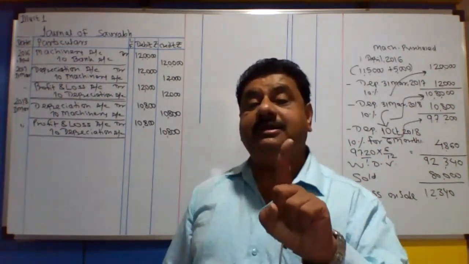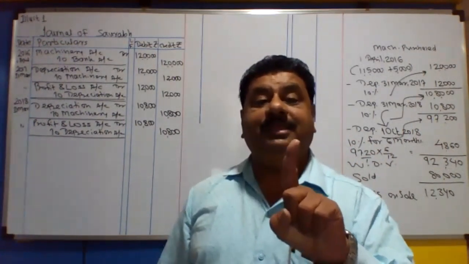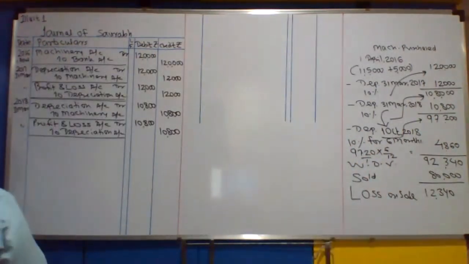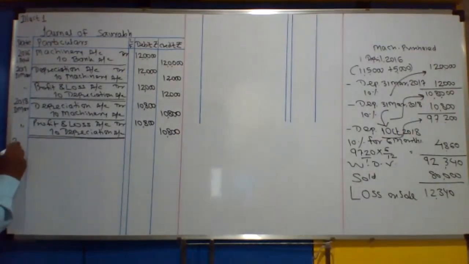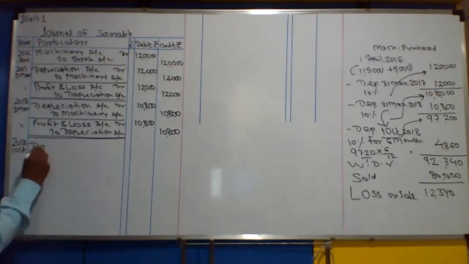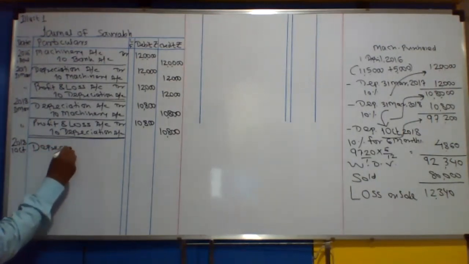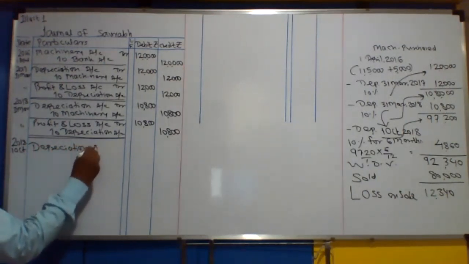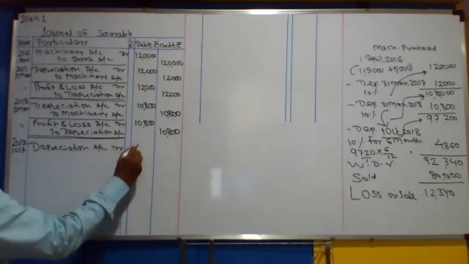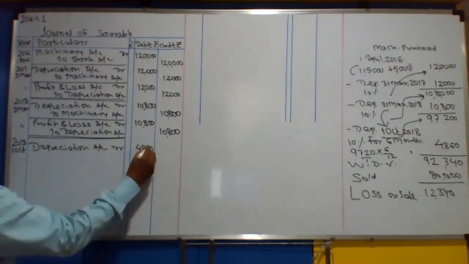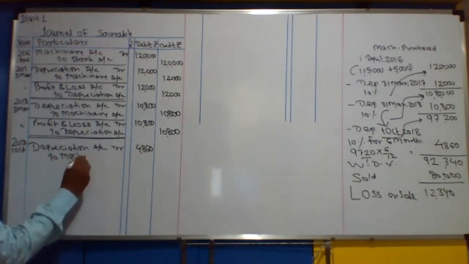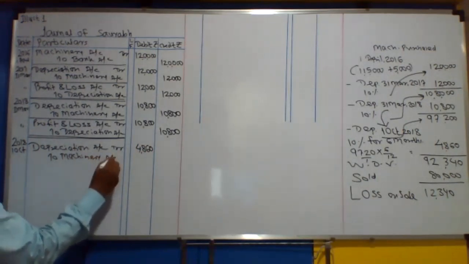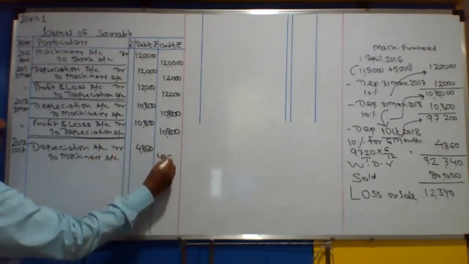सबसे पहले एंट्रीज आएगा, डेट आएगा 1st October. Okay. So this second year is now finished. Now 2018 1st October. सबसे पहले depreciation का एंट्री पास करो. Depreciation account debit 4,860 to machinery account 4,860.